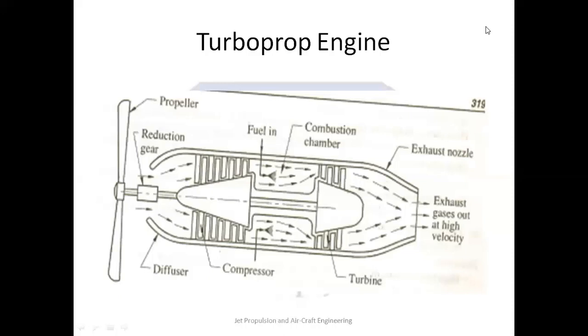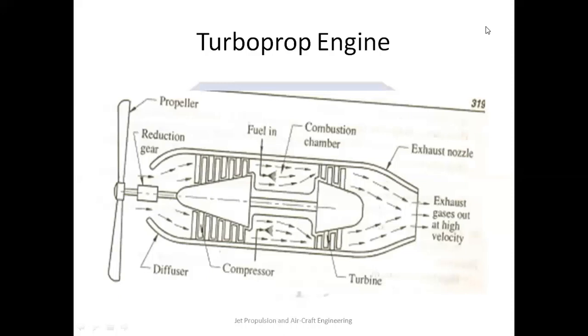So here we require additional energy to drive the propeller as well. Hence, less energy is available for expansion in nozzle. It has been seen almost 70 to 80% energy is being consumed by the turbine, while the remaining 20 to 30% energy goes into the expansion in nozzle.